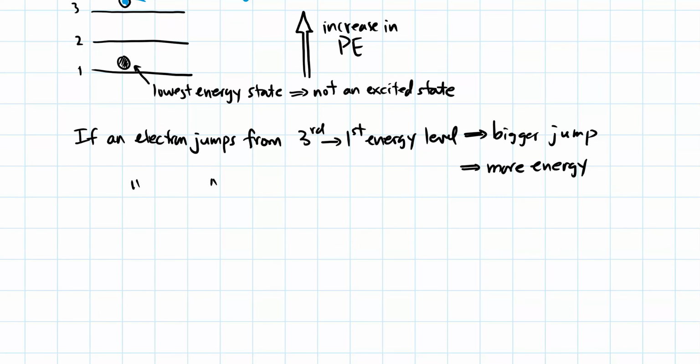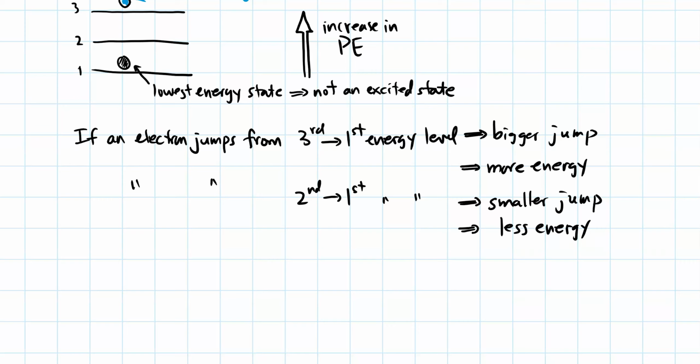If the electron jumps from the 2nd to the 1st energy level, this is a smaller jump, therefore less energy.